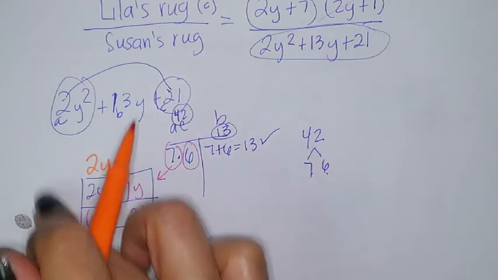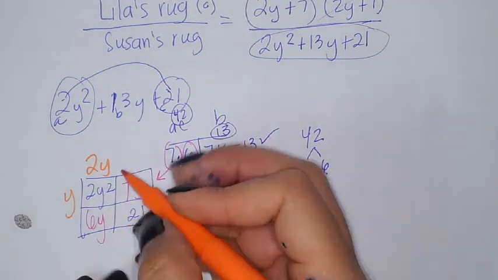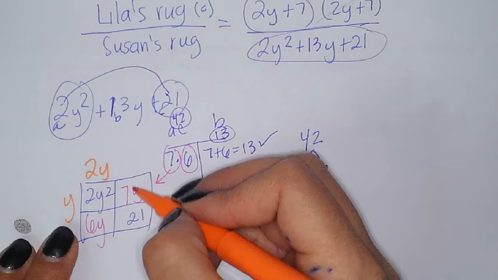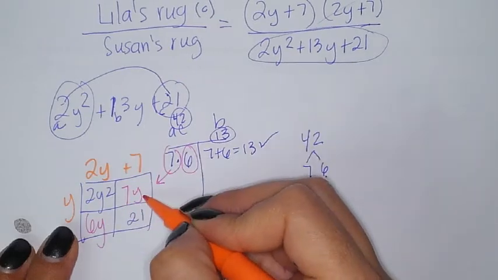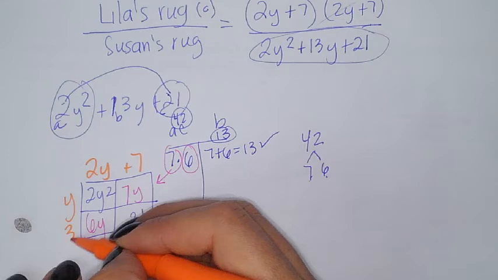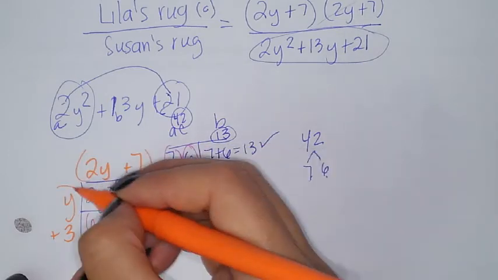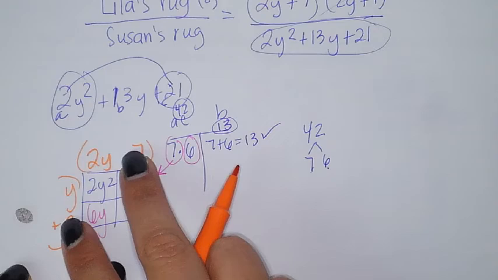Once I have that, I will do the rest. 2y times y would give me 2y squared. If this is y, this has to be positive 7, so that I get 7y. And if this is 2y, this has to be positive 3, so that I can get 6y. So these are my two binomials for Susan's rug.